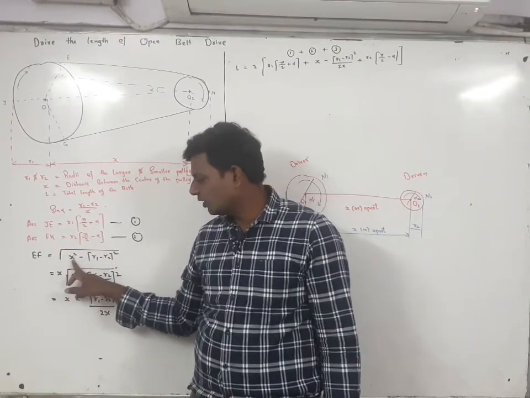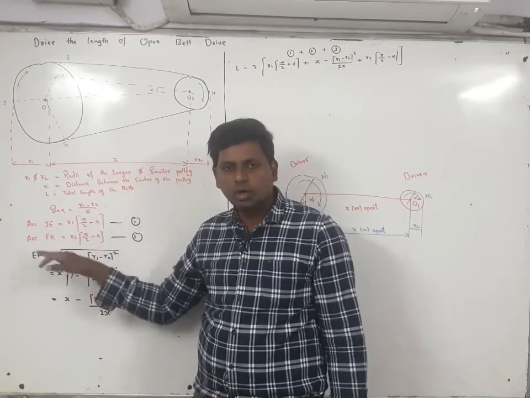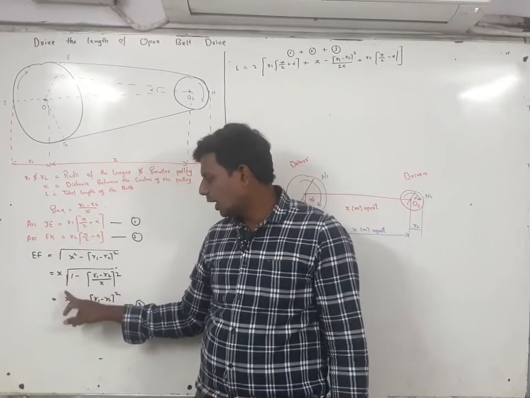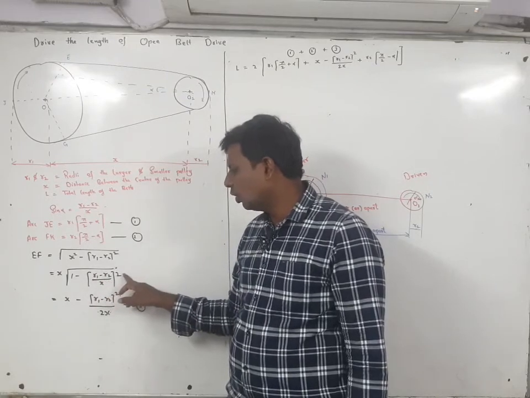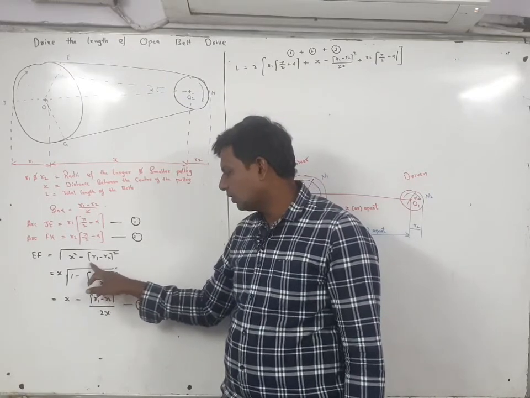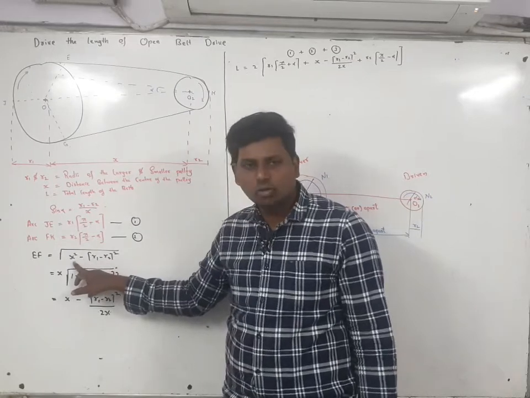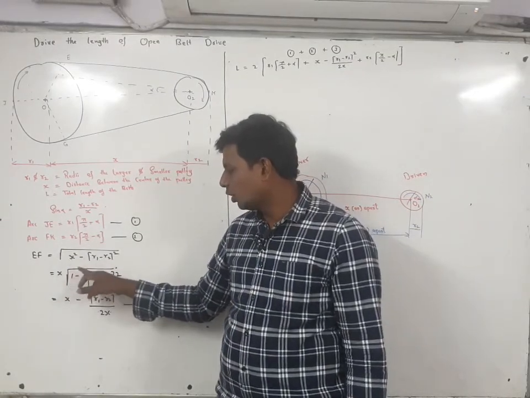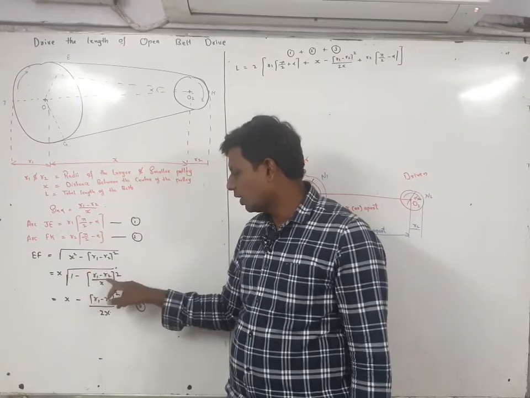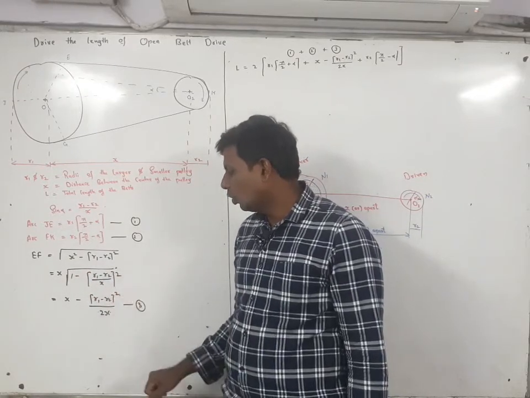So you take x as common: x under root of 1 minus ((R1 minus R2) by x) whole square.